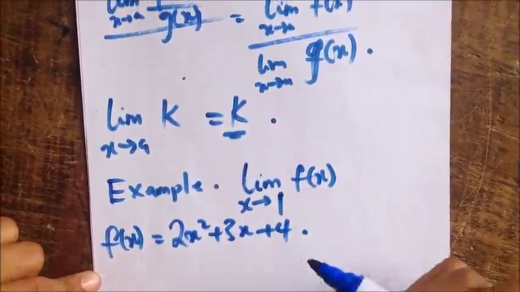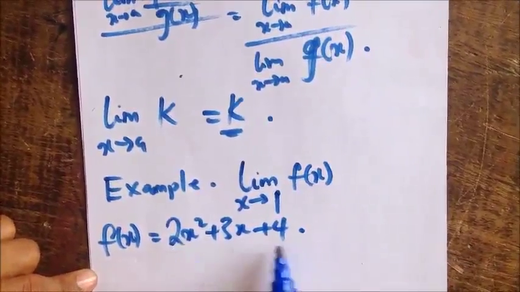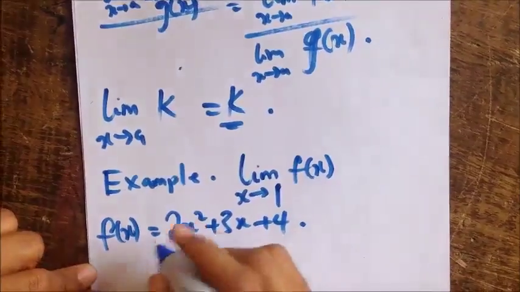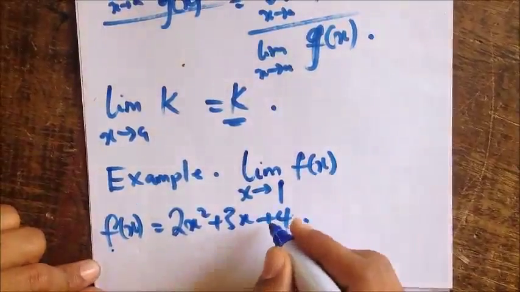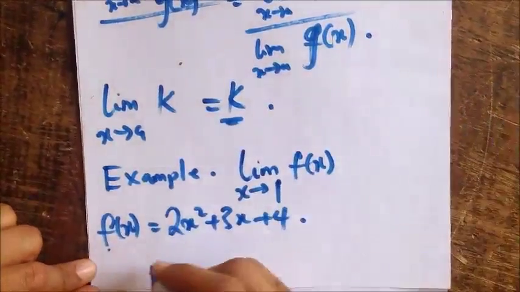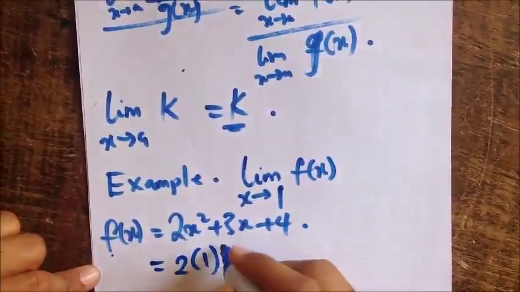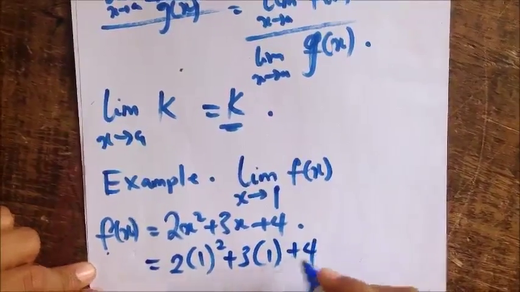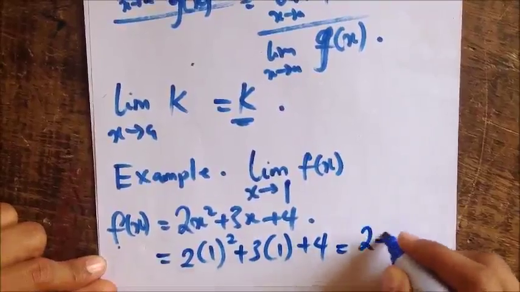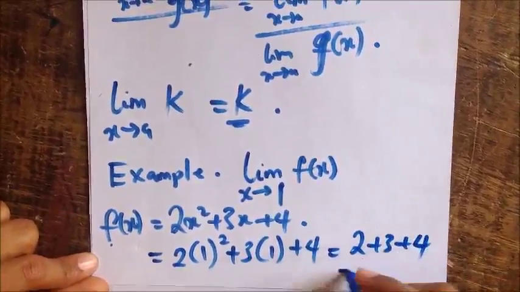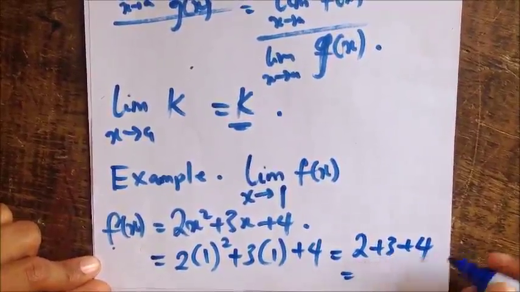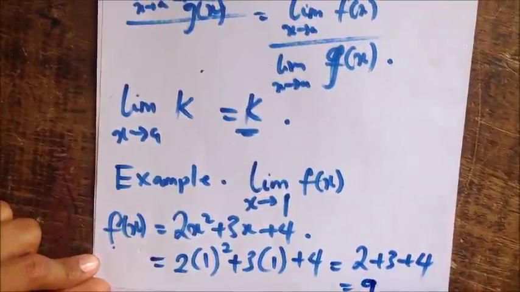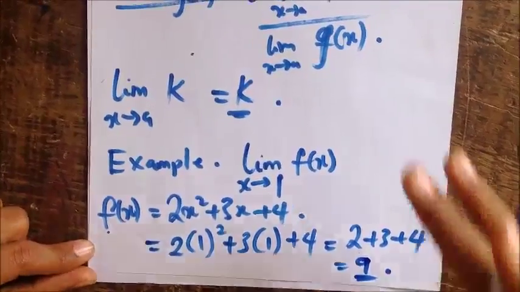I mentioned earlier we try to avoid division by 0, but in this case we can see this is a safe case. So for this limit, I just substitute the value directly into the equation. This is 2 times 1 squared plus 3 times 1 plus 4, which equals 2 plus 3 plus 4, which is 5 plus 4, which is 9. So the limit for this function is 9.